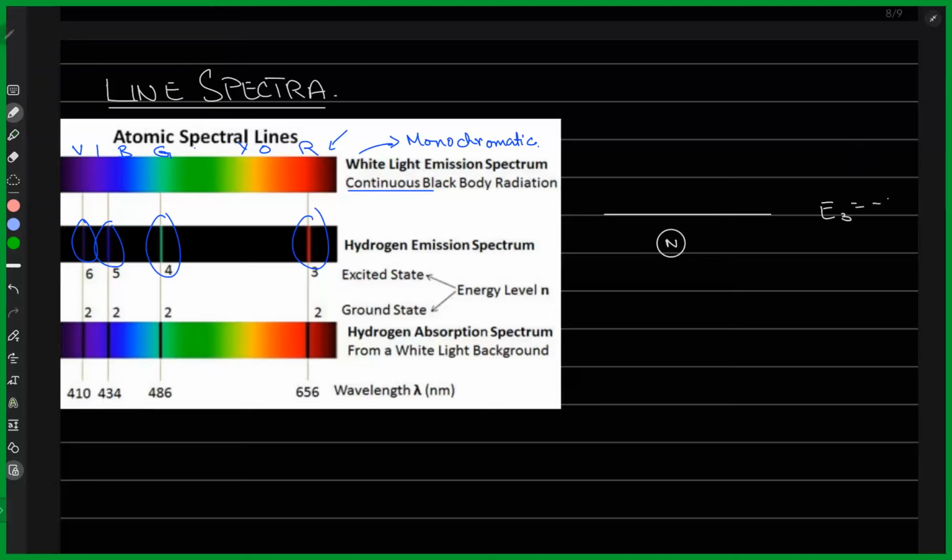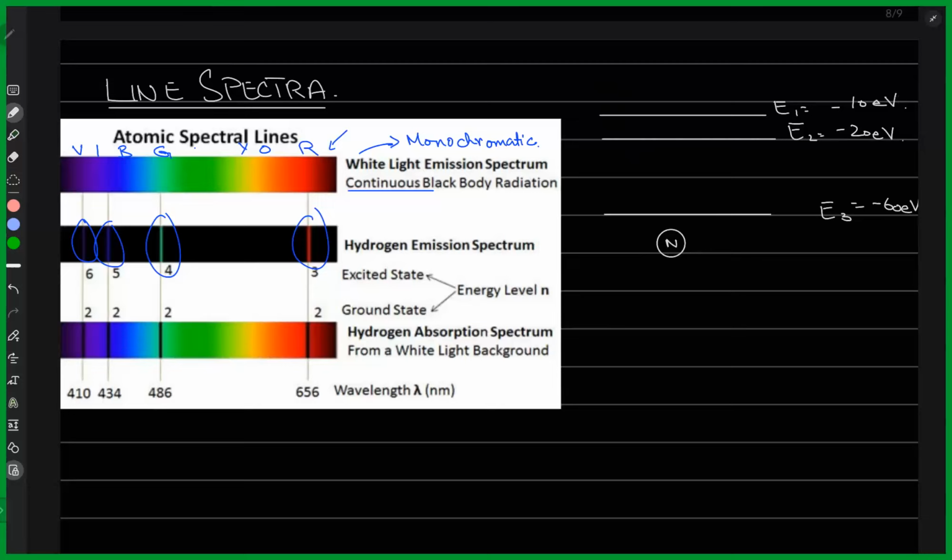Let's say this is minus 60 electron volts, and then as you go higher, the next energy level is really high above the E3 one, and this is E2, and suppose it is minus 20 electron volts, and then you have another one which is, suppose, 10 electron volts.